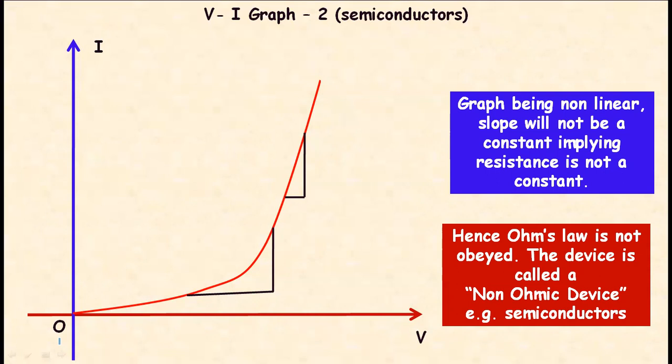A transistor is a component used for amplifying weak signals. So these devices are made up of semiconductors, and they don't obey Ohm's law. So those devices which do not obey Ohm's law are called non-ohmic devices, or in other words, non-linear conductors of electricity. Non-linear conductor of electricity means their VI graph will not be linear.